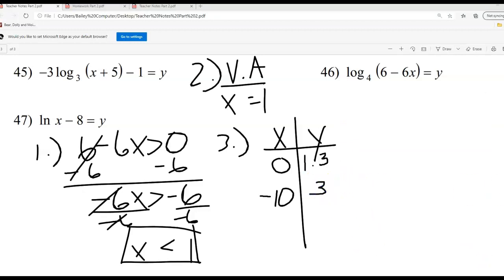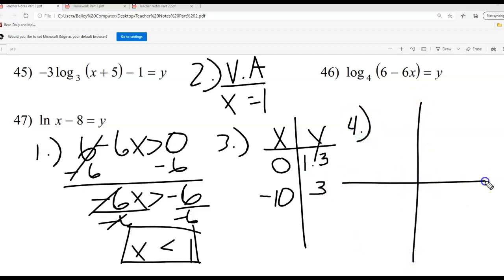Okay, and so step 4, we're ready to graph once again. My x-axis goes all the way to -10, and my vertical asymptote is at x equals 1.